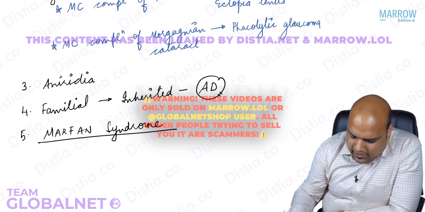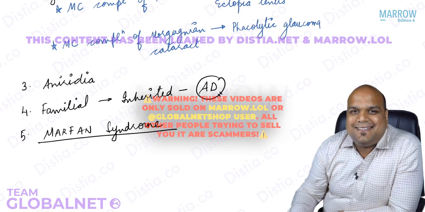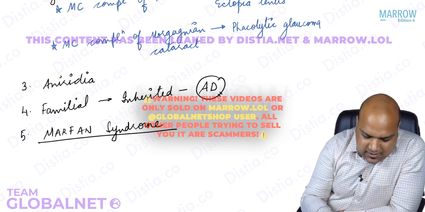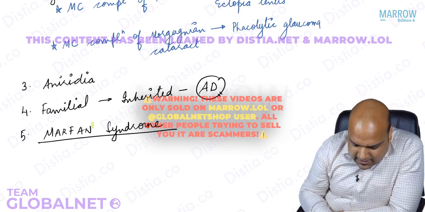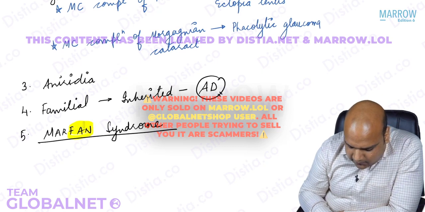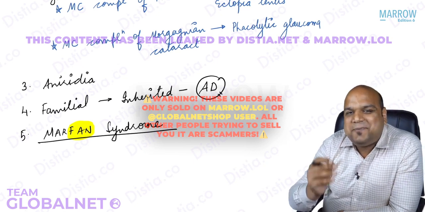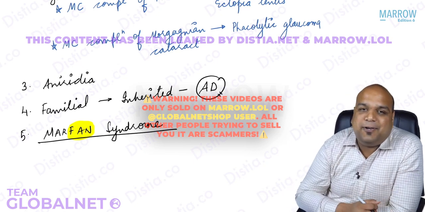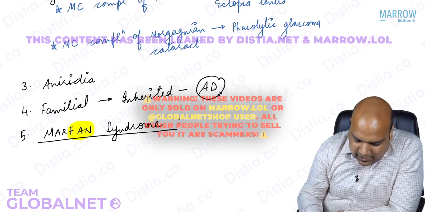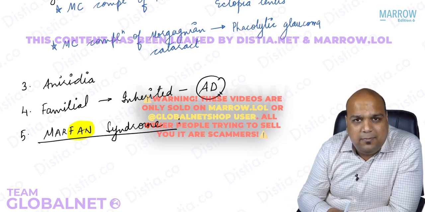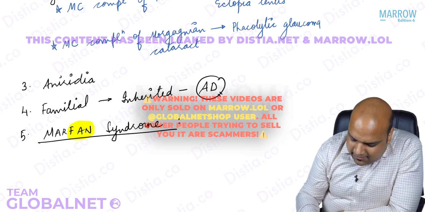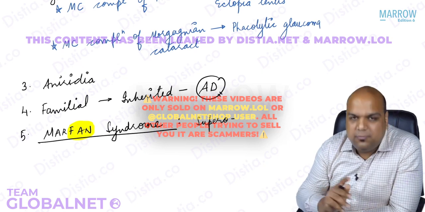Marfan syndrome is a very important cause. Yes. Why is it important? Because the examiners love to ask this. They ask, what is the direction of ectopia lentis? See, I have highlighted only the fan part because that is what helps us remember the direction of ectopia lentis. So when you look at a fan, where do you look? Up or down, everybody? Up. So I will say the direction of ectopia lentis is supero.